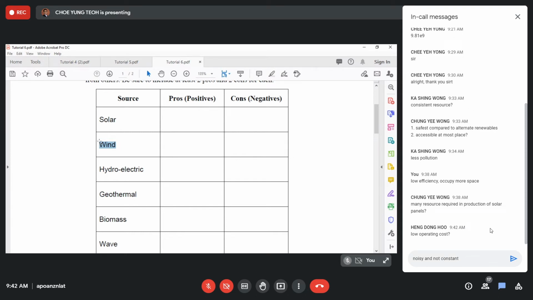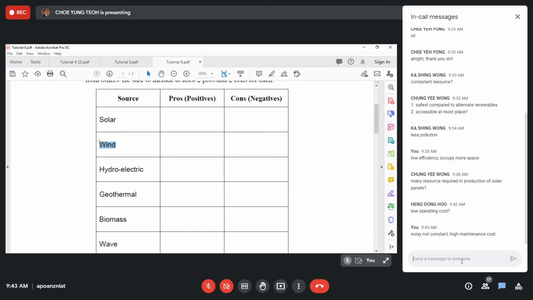I think all types of renewable energy other than biomass have low operating cost. Solar, wind, hydro, geothermal, all of them have low operating cost. So I don't think it's an issue.